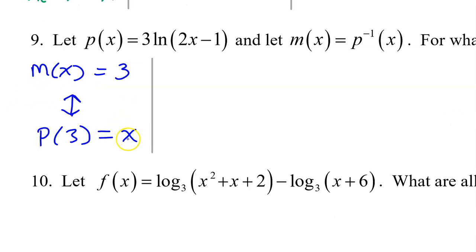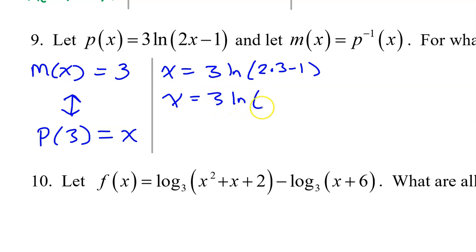We can find x by evaluating p at 3. So we will find x by plugging 3 in right here. So x will equal 3 times the natural log of 2 times 3 minus 1. So x will equal 3 times the natural log of 6 minus 1, which is 5.